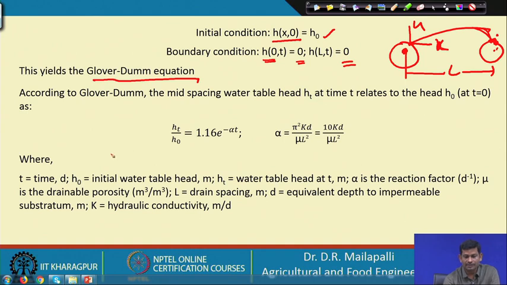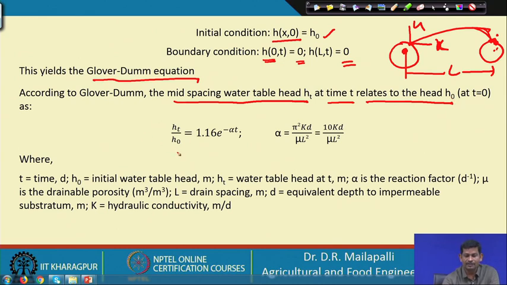According to Glover-Dumm, the mid-spacing water table head h t at time t relates to the head h naught. h naught is the highest water level, the initial water table.